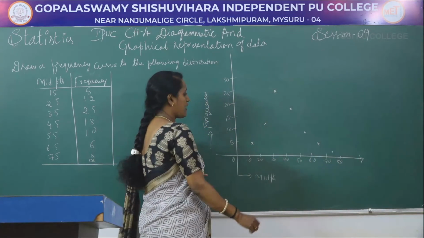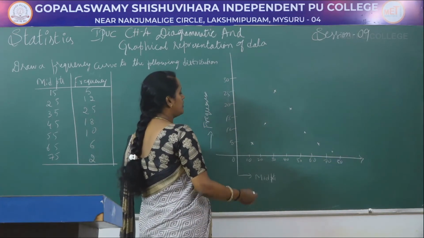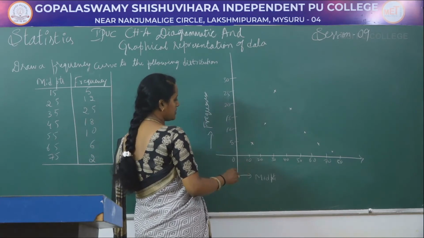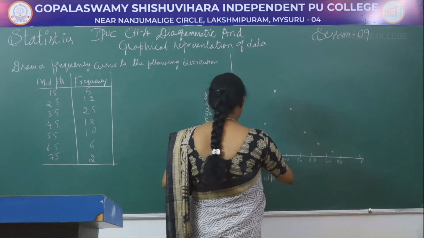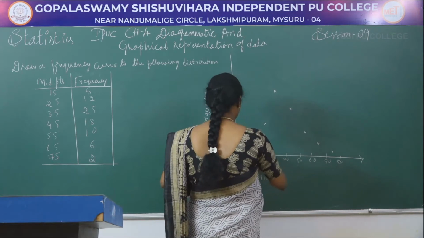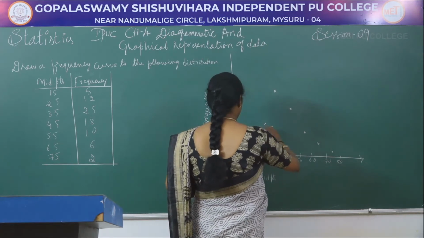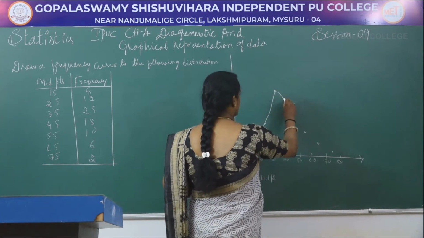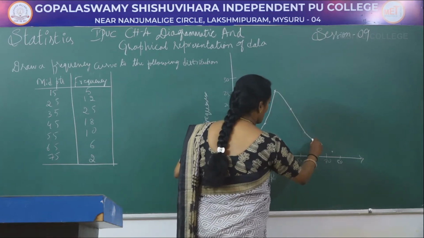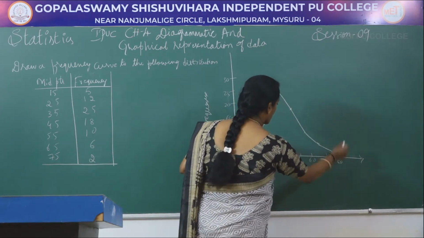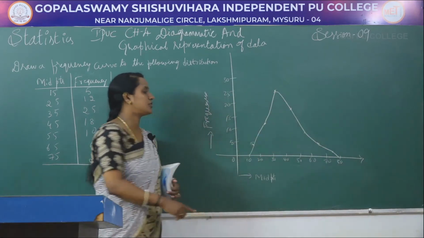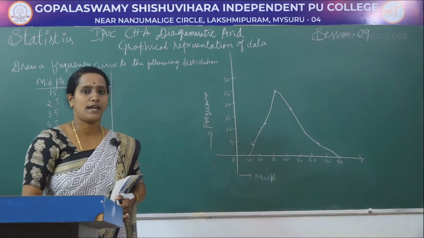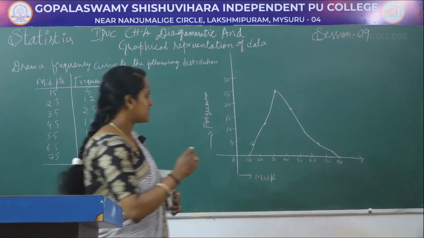So this is how we have plotted the points. So now I should join these points using a smooth curve. Freehand curve. So both the ends should touch the x-axis. Both the ends, the curve should touch the x-axis.